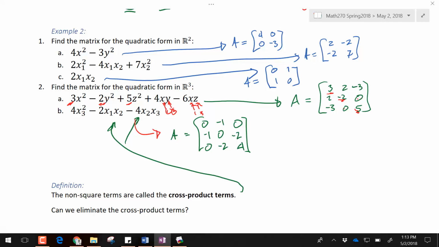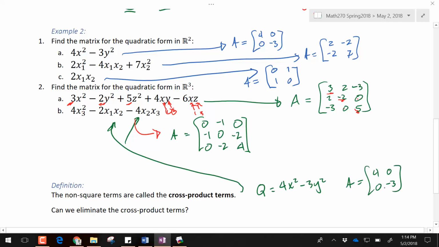And then we saw in this example where Q is equal to 4x squared minus 3y squared, and then your matrix A is 4, 0, 0, negative 3. So this is an example with no cross product terms.